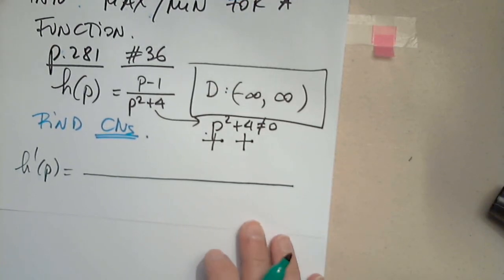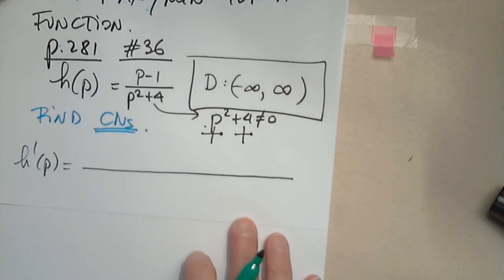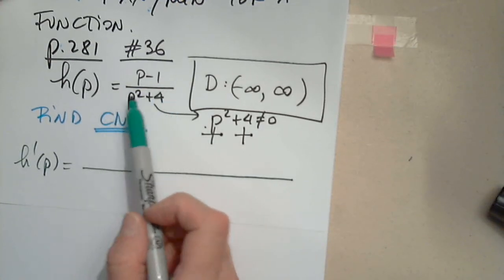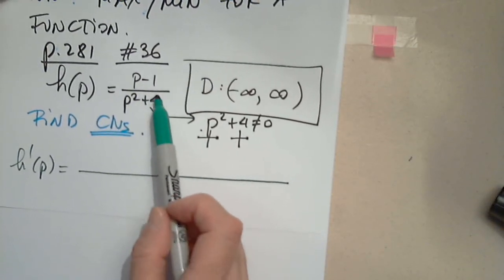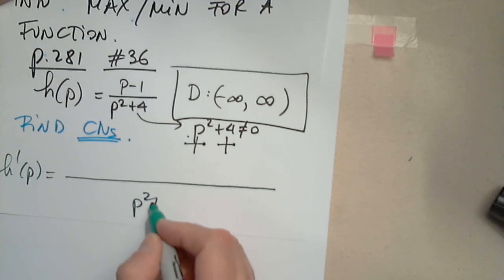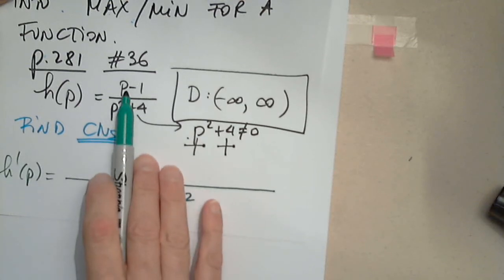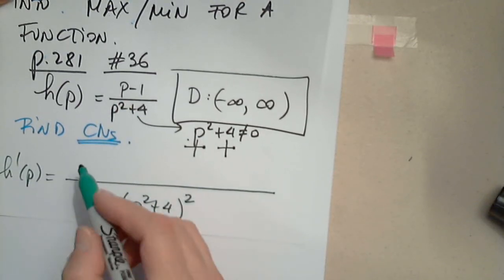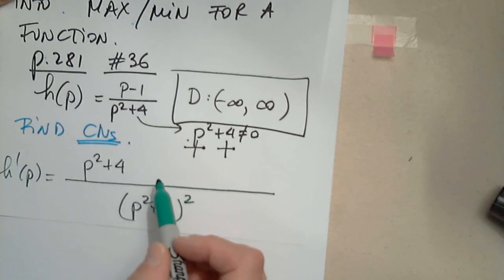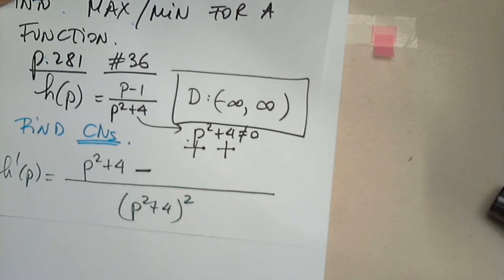Watch me run out of room. No, I don't think it's going to happen on this one. Okay, so I differentiate using the quotient rule. So I have to have p squared plus 4 squared in the denominator. I differentiate the numerator and I get 1 times p squared plus 4. I have to write minus.